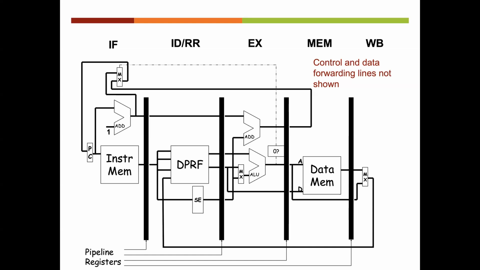And so let's consider what might be needed if we're going to implement this solution. And without including all of the control and data forwarding lines, we have our appropriate representation with our multiplexers.